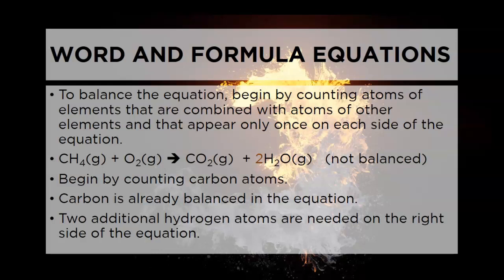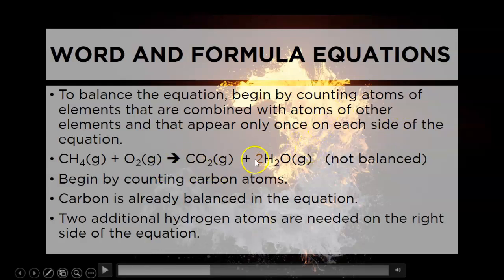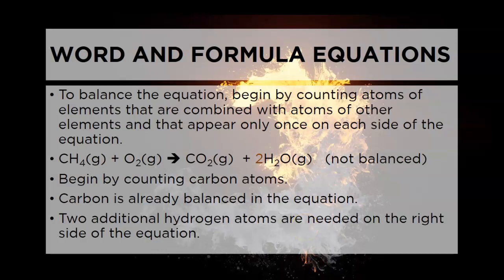So as it stands, before I put that 2 in there, if I look at carbons, how many carbons do I have on each side? I have 1 carbon here, and I have 1 carbon here.